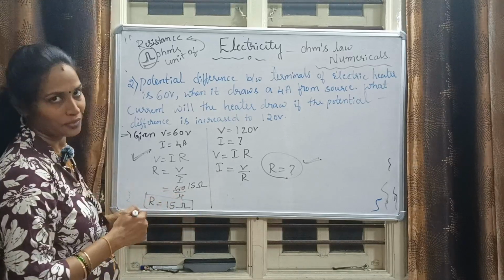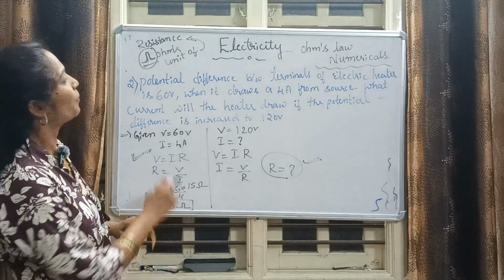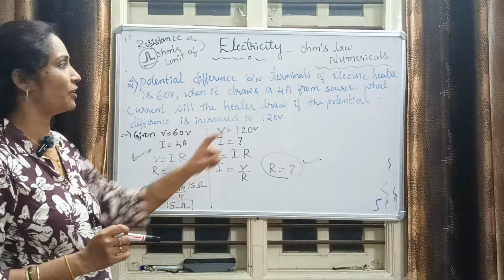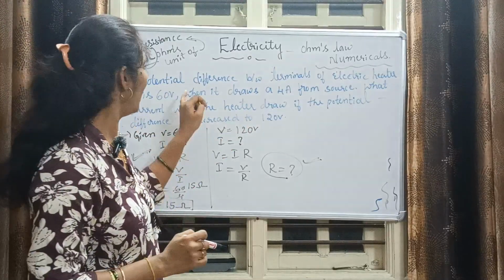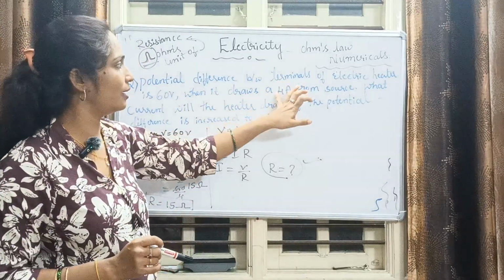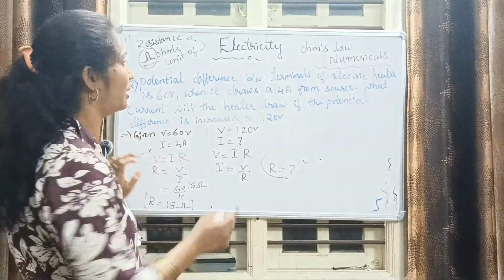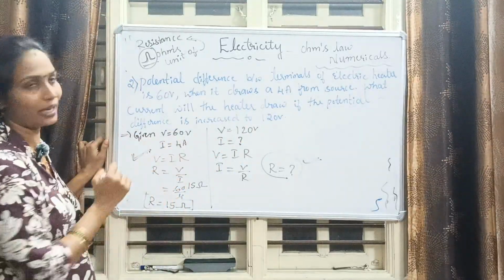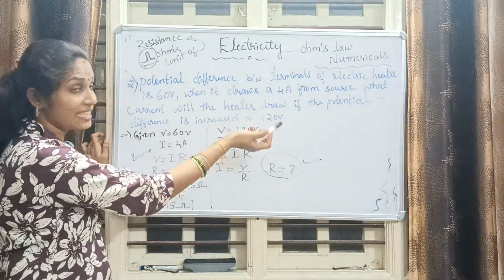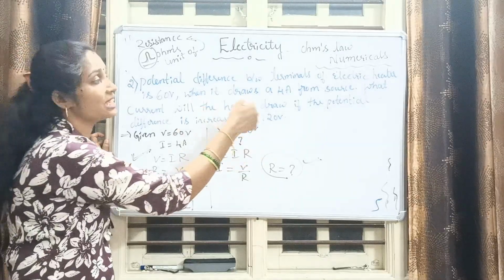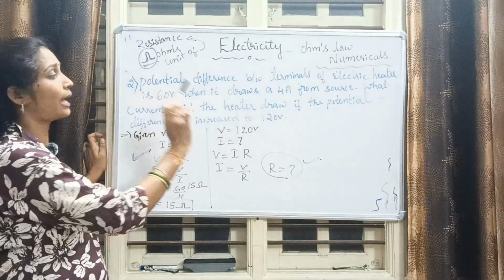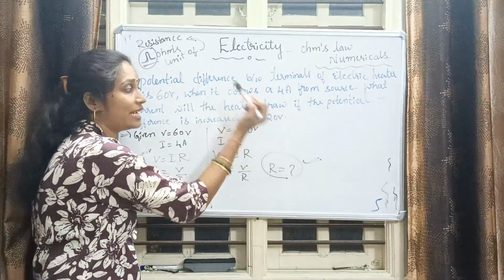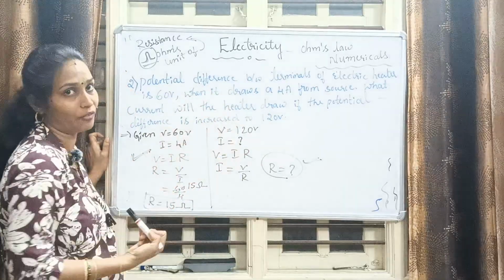What is your R that you got? 15 ohms. Let me explain one more time. The potential difference between the terminals of an electric heater is 60 volt, and it draws a current of 4 ampere from a source. This is your given. Now they are increasing the potential difference, and they want you to calculate the current if the potential difference increases from 60 to 120.